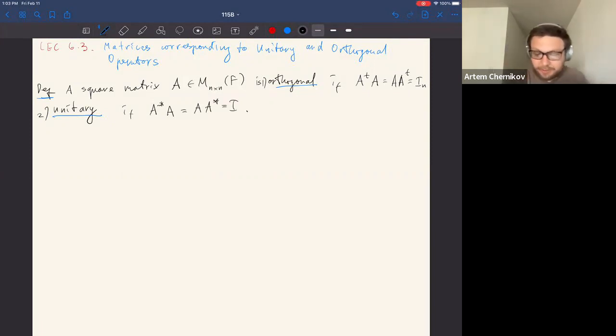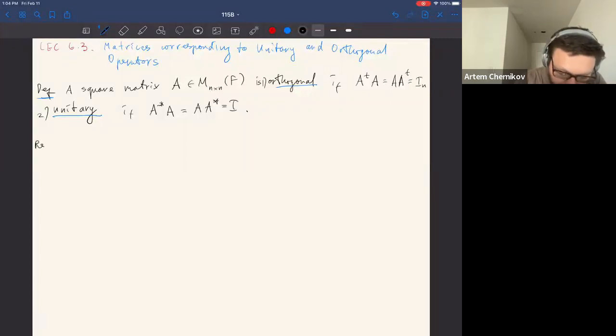So orthogonality corresponds to the case when we just take the transpose, and unitary corresponds to the case when we have this equality with the conjugate transpose, or adjoint, of a matrix. All right. So we have these two kinds of matrices.